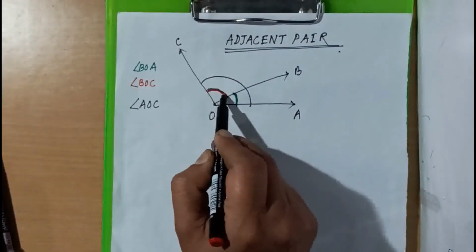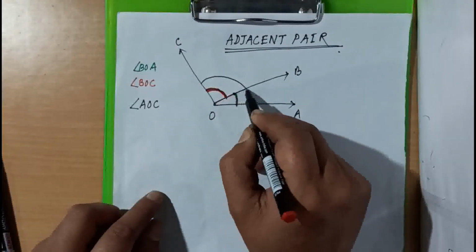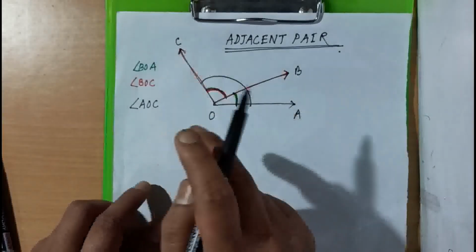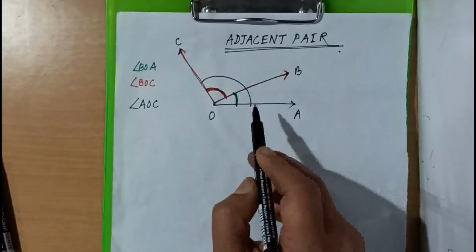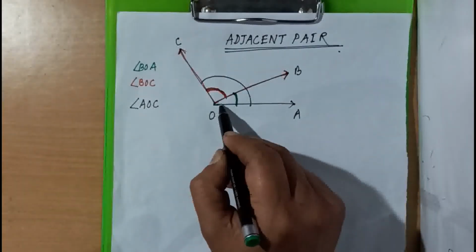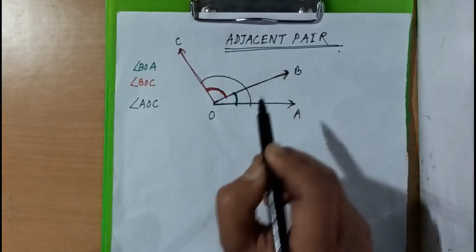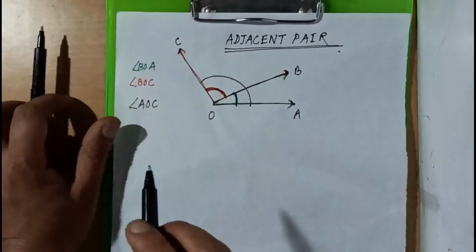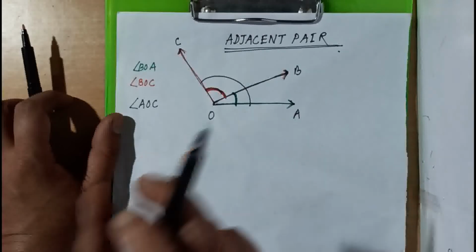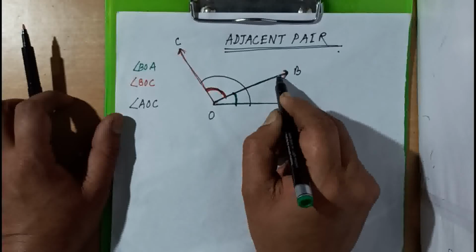this particular red color angle, how many arms does it have? It has two arms. One is OB and another is OC. For the green color angle, it also has two arms. One is OA, another is OB. Now you have seen that these two angles have a common arm, and that is OB.